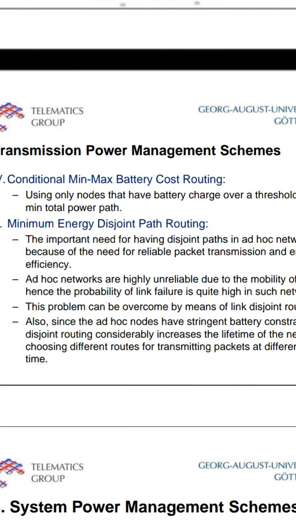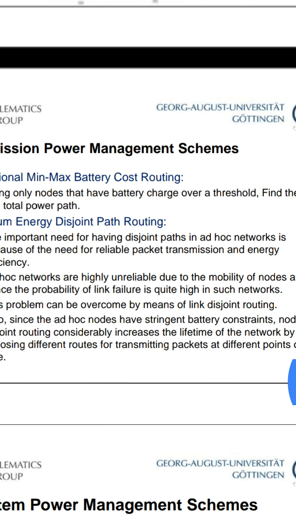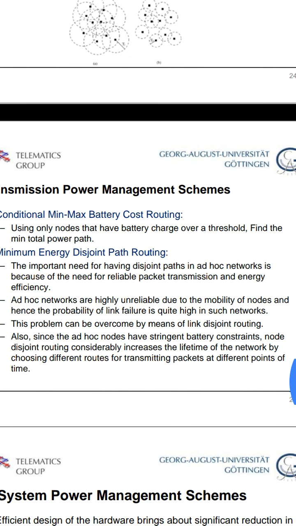The next one is minimum energy disjoint path routing. Disjoint paths are important in ad hoc networks because of the need for reliable packet transmission and energy efficiency. Ad hoc networks are highly unreliable due to the mobility of the nodes, hence the probability of link failure is quite high in such a network.